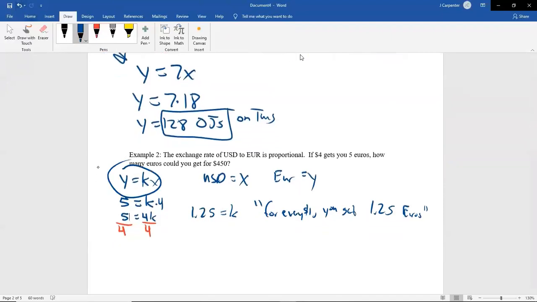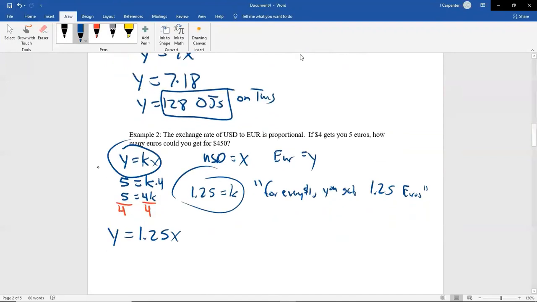But now our y equals kx, we know the k, so we can just plug that in. It's now and forever, y equals 1.25x. And then just plug in the 450, which was the dollars. Now, I could have asked you how many dollars you could get for, say, 1,000 euros. The 1,000 would be plugged in for the y, and you would have to divide by 1.25. So just watch out for algebra.